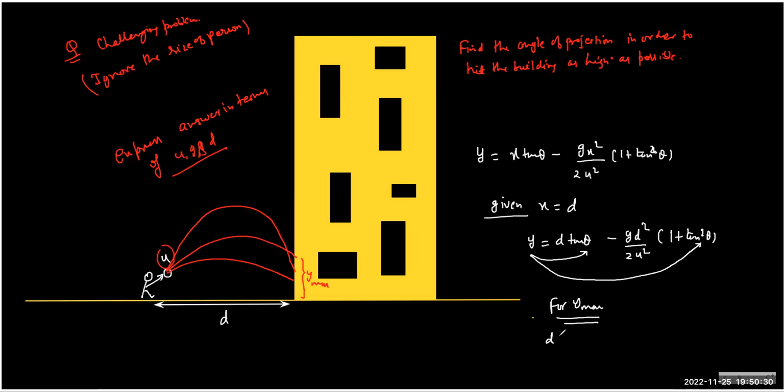Differentiate y with respect to theta, and equate to 0, because everything else is constant except theta. Or, the easy way is you can differentiate with respect to tan theta itself. You can choose tan theta as a variable, and that will make your calculation easier.